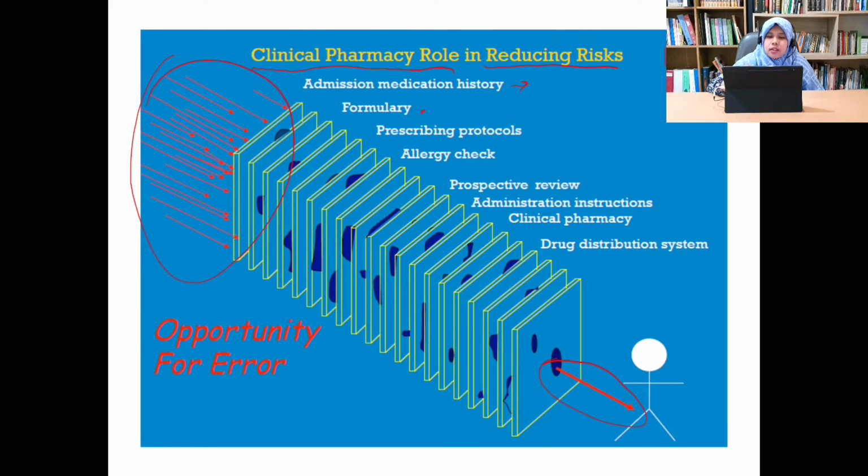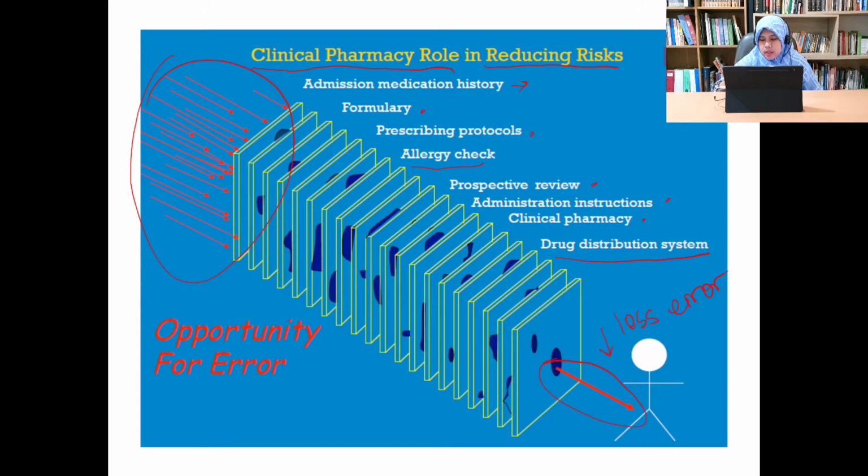Then the healthcare professional or pharmacist follows the prescribing protocols, and pharmacy checks allergies and does a prospective review when preparing the medication, follows the administration instruction, and provides clinical pharmacy services. Also, if pharmacy has a good distribution system, only one error or less will reach the patient.